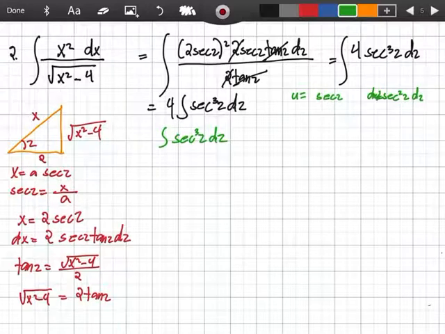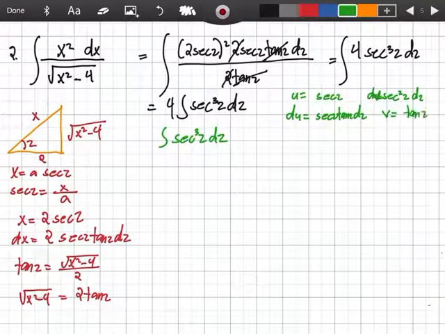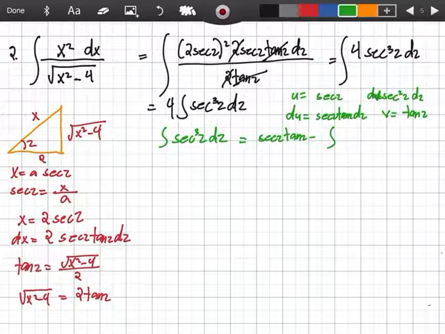Du is equal to secant z tan z dz and v is equal to tan z, readily integrable. So, is equal to uv, sec z tan z, minus integral of v du. Tan z times secant z tan z is equal to secant z tan squared z dz.